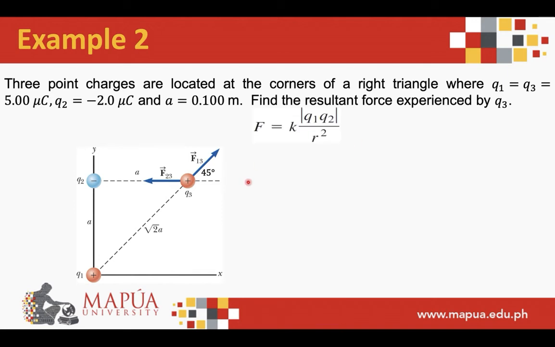Okay, so we have three particles here. Q1 is positively charged, Q2 is negatively charged, and Q3 is positively charged.